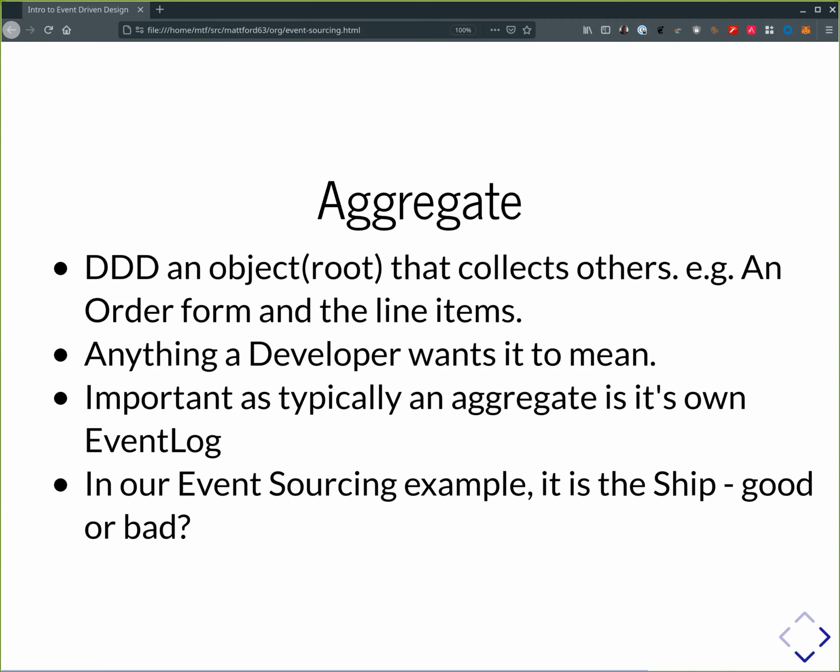But if you have 100,000 ships in an alien fleet, and you need to track their location, then having an event log for each one is probably bonkers. So you would shift the aggregate root up into the tracking service, and that would be the thing you'd want to have your event log in.